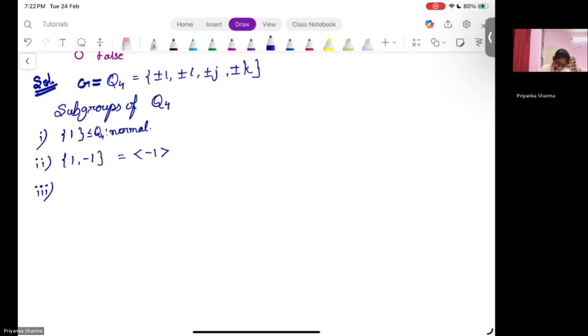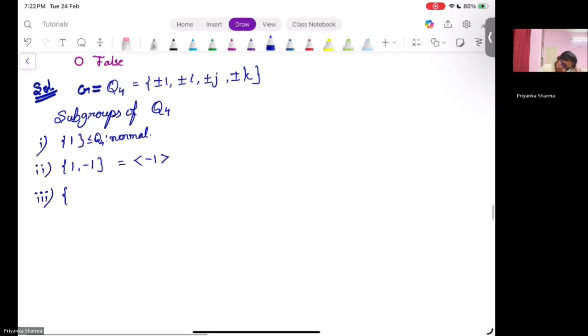Third, what if we take the subgroup generated by I? So this will be I square, I cube, I to the 4, and so on, if possible.